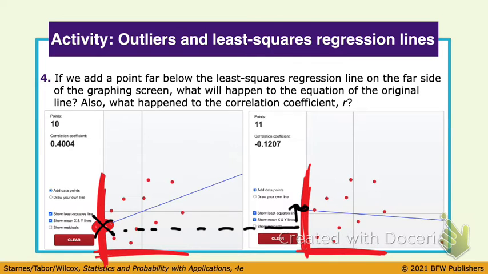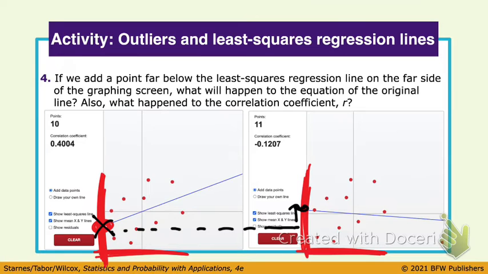What happened to the correlation? It got weaker, but look, it didn't just get weaker. It turned negative. That one dot changed my correlation from a positive correlation to a negative correlation. And so one dot can make a huge difference. That's the biggest idea here, that one dot can make a really big difference.